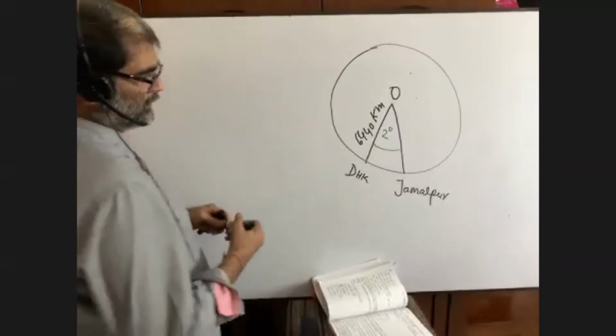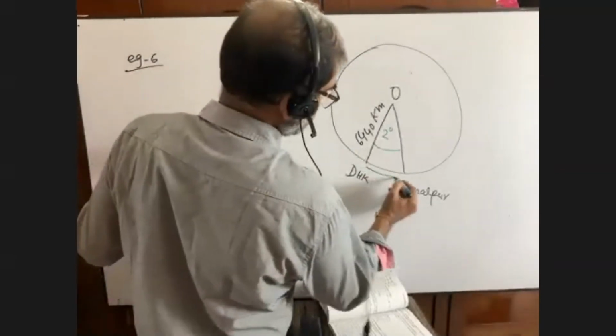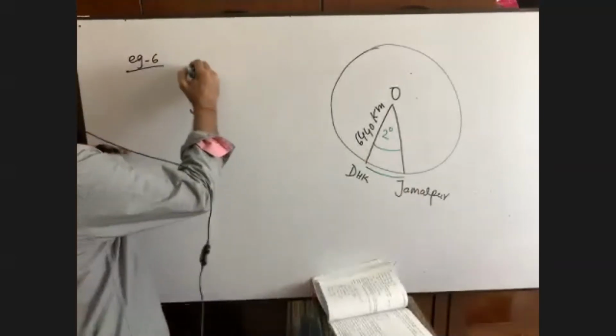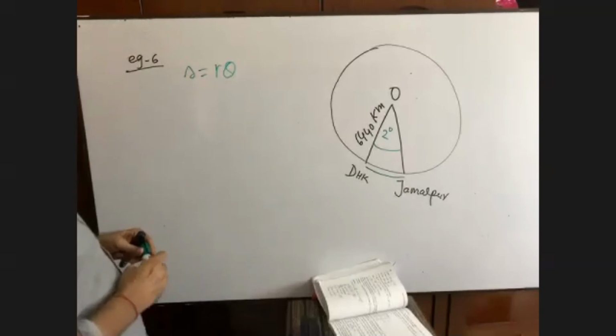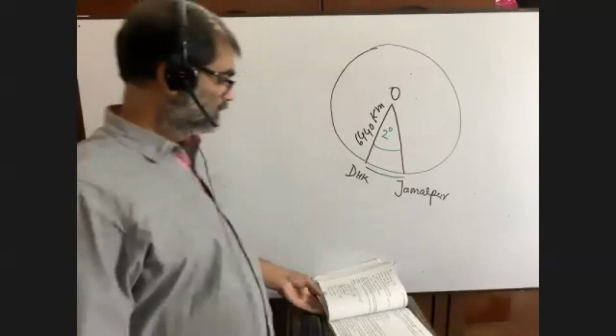What is to find here? You have to find this. You have to use S equals R theta. Find theta. At first, convert theta into radian.